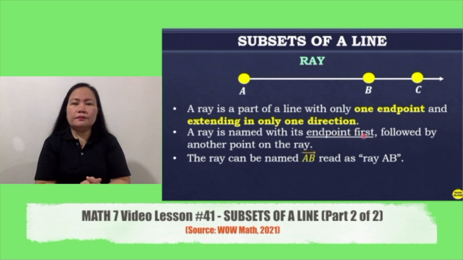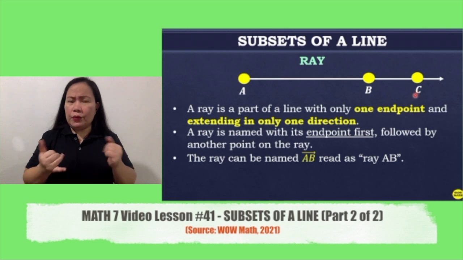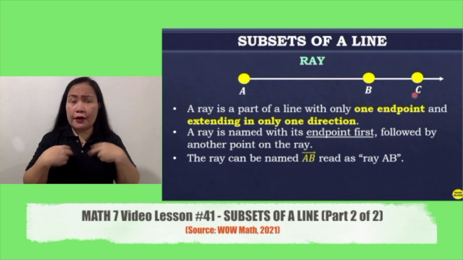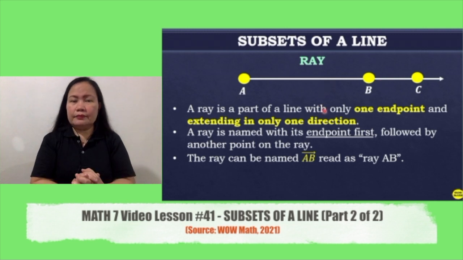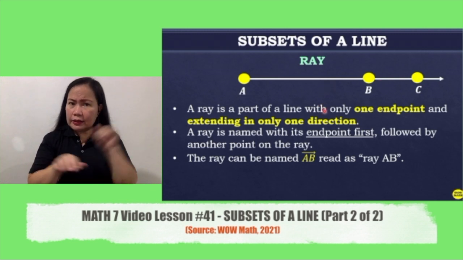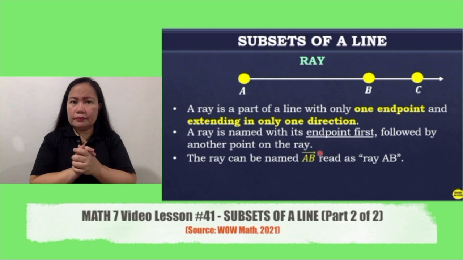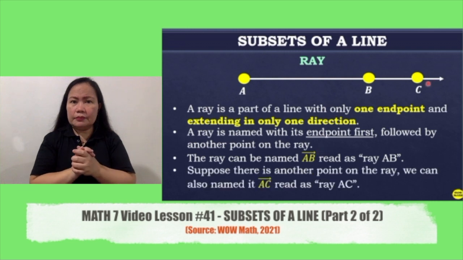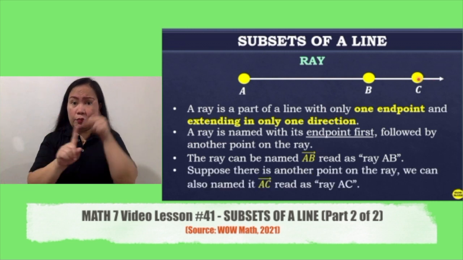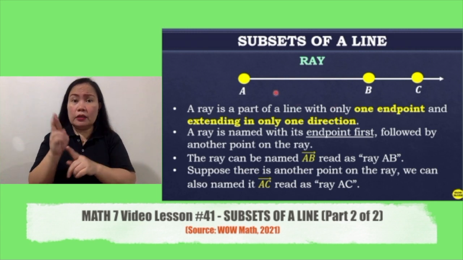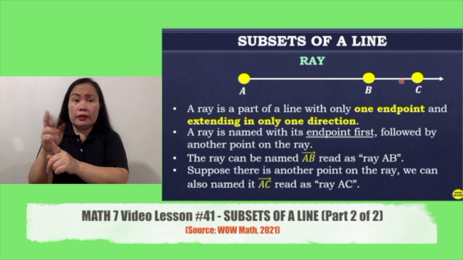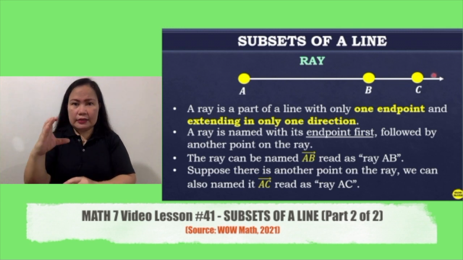Okay. Now, what if I also have another point? Paano kung meron pa tayong isa pang point? So, paano natin siya papangalanan? Okay. So, kung meron pa tayong isang point dito, let's say meron pang isa, pwede mo rin siyang tawagin na ray AC. Bakit? Kasi yung C ay nandun rin siya sa side nung may arrow, so, yung infinite.